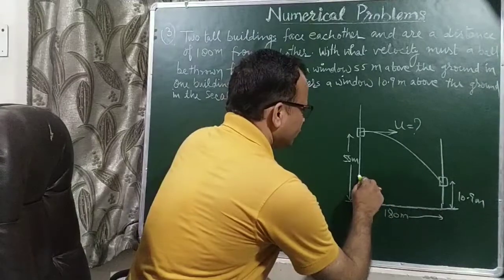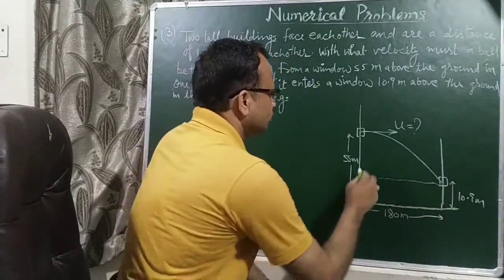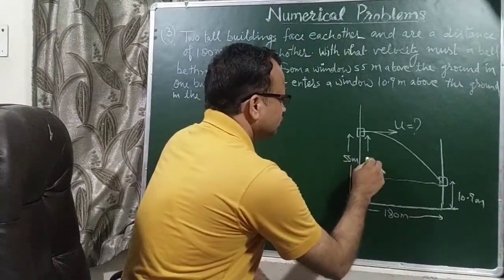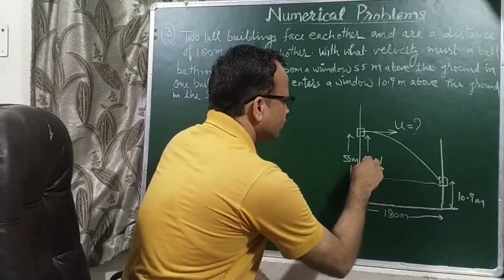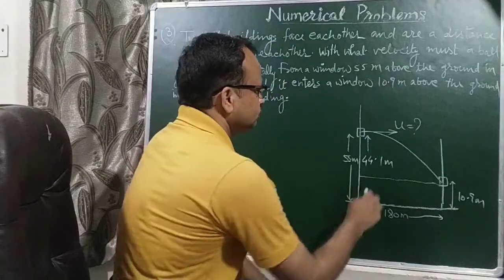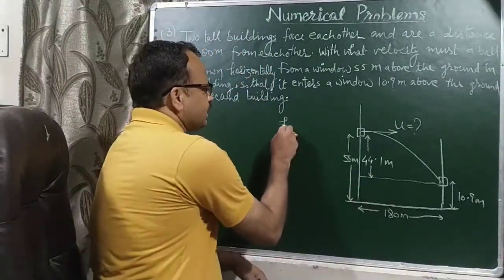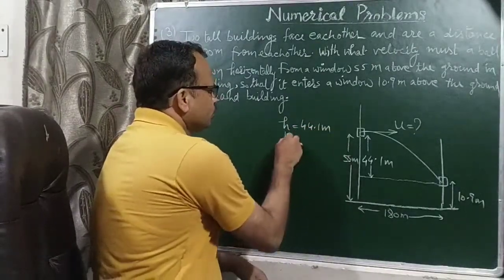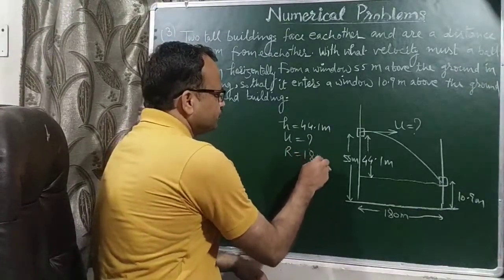So first we note the difference between two windows. So this distance becomes 55 minus 10.9, means 44.1 meter. Okay. So from this figure we can say that h equal to 44.1 meter, u equal to question mark, and r equal to 180 meter.